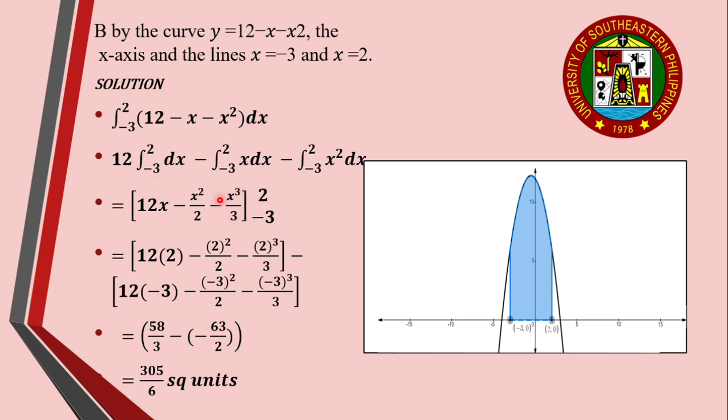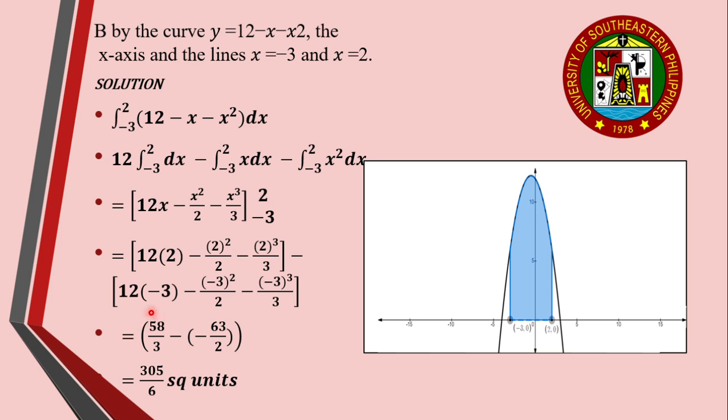With this integrated function, we're going to substitute the upper bound and subtract the value substituted in the integrated function at negative 3. So we're going to substitute first the upper bound, which is 2. So 12 times 2 minus 2 squared over 2 minus 2 cubed over 3 is equal to 58 over 3.